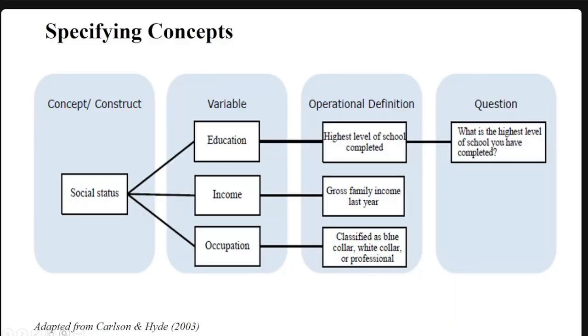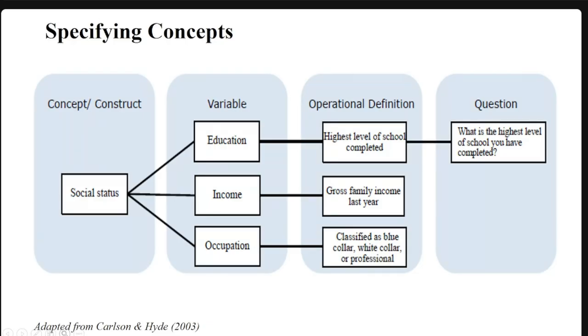Obviously, social status is an abstract term, more of a theoretical construct. If you ask a villager, what is your social status, do you think he or she will understand what you intend to ask?